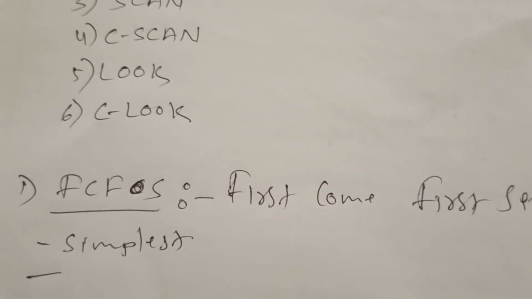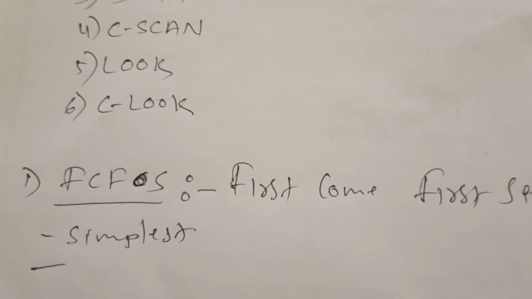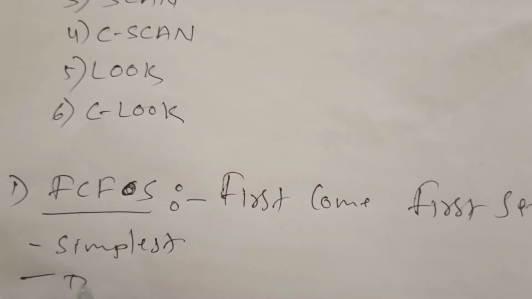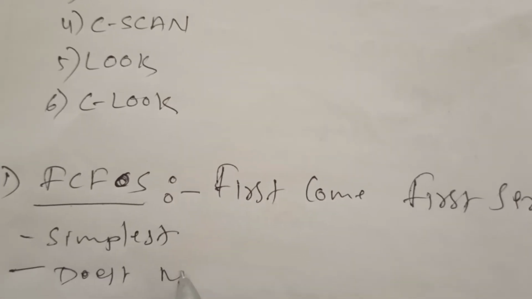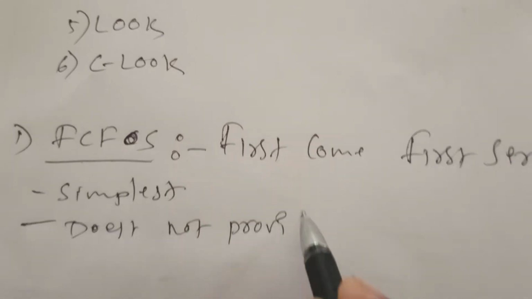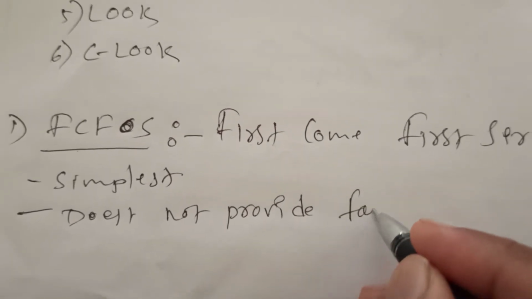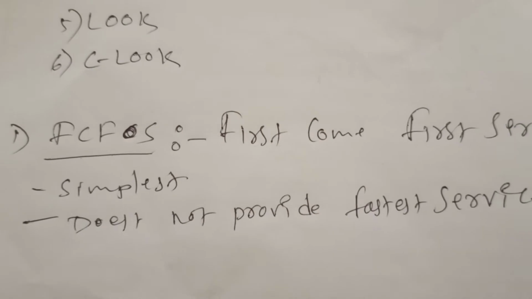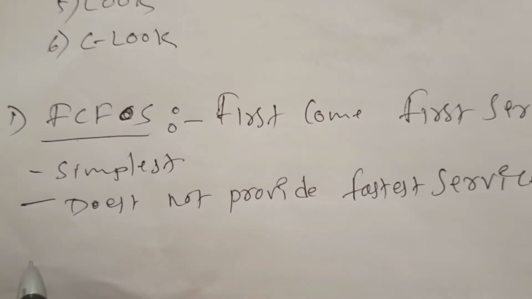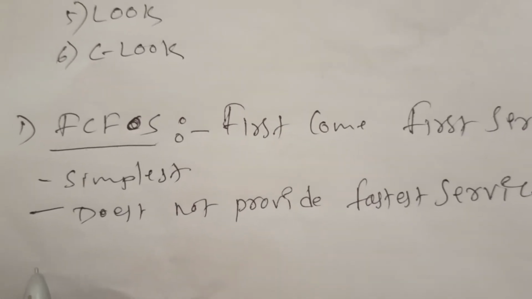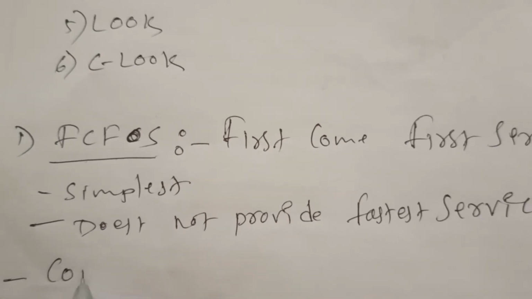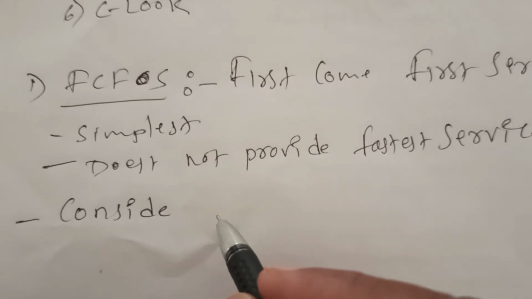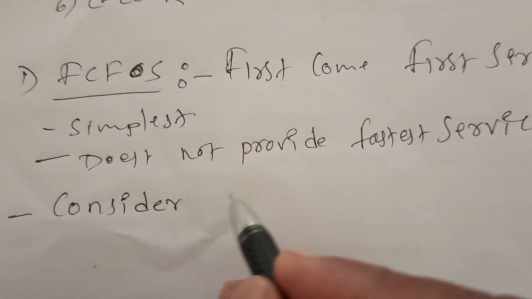This algorithm is intrinsically fair, but generally does not provide the fastest service. It is simple, efficient and good, but it is not going to provide the fastest service. Now we will see how the operating system services the pending requests using FCFS. Consider an example.